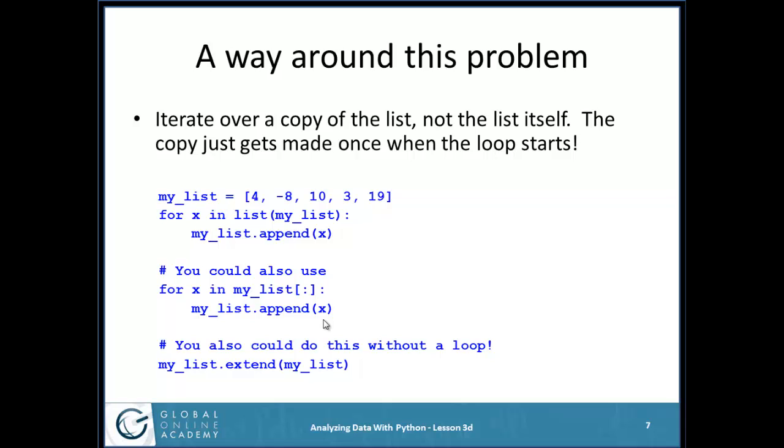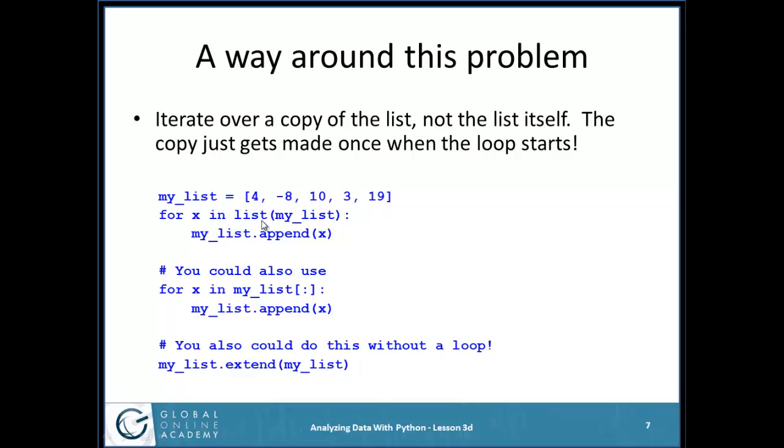So, what's a way around the problem? You could iterate over a copy of the list instead of over the list itself. So my_list is the mutable list that has those 5 elements in it. If I go for x in list(my_list), that makes a new copy of my_list at the time you start the loop.